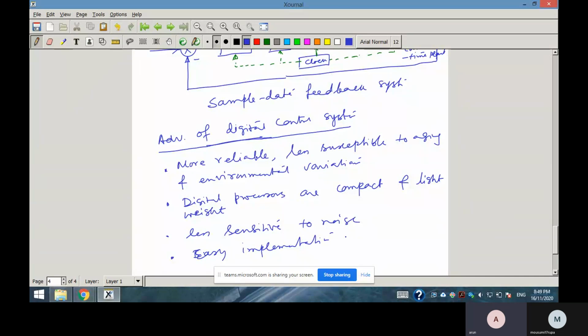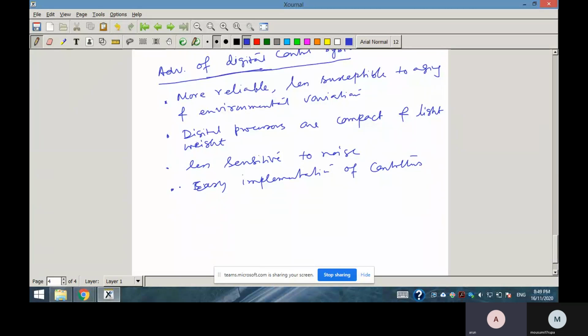Controllers can be implemented easily just by writing a program in maybe C, maybe any other language, maybe in MATLAB or anywhere. That kind of language you can use. And there are many things.